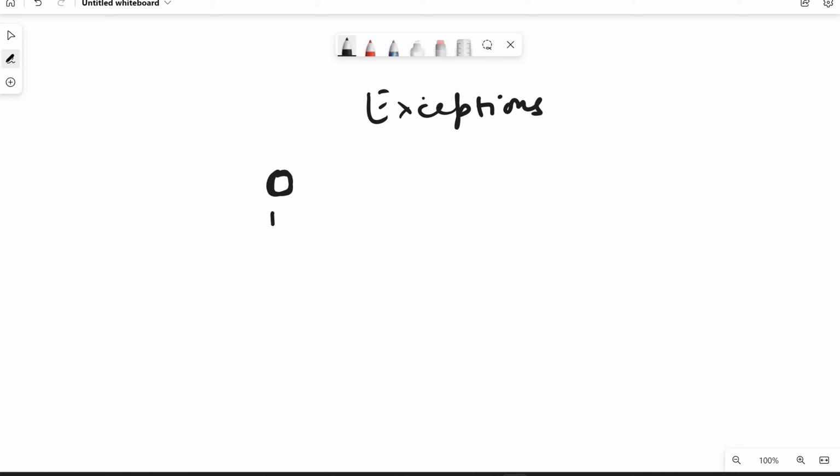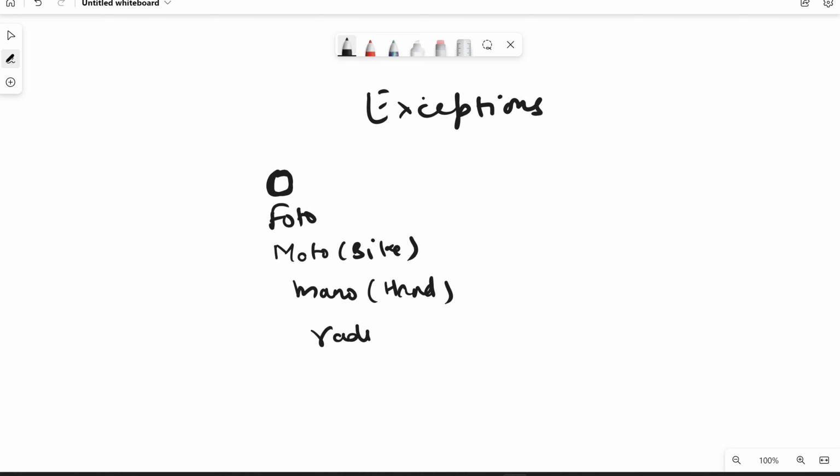For example, foto, which is a photograph, moto, which is a bike or motor, mano, which is hand, and radio, which is radio. You have to be careful with these nouns. These are the exceptions. These are the nouns that end in O, but they're not masculine, they're feminine. These are your O ending exceptions.